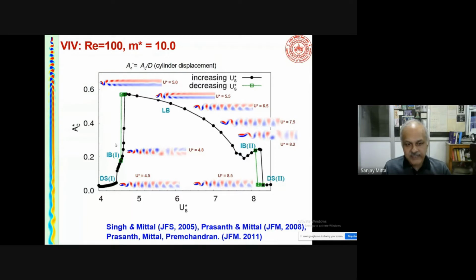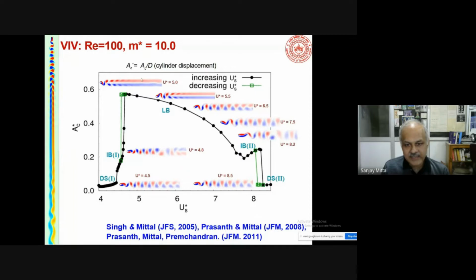So there are some branches that have been marked here. First there is desynchronization. Desynchronization means the fluid flow doesn't really care so much about what is happening structurally, so the vortex shedding frequency is very similar to what you would see for a stationary cylinder. There is desynchronization regime 1 and 2 on either side of lock-in.